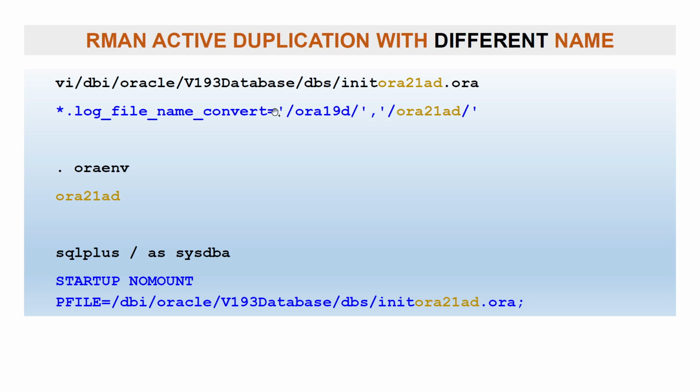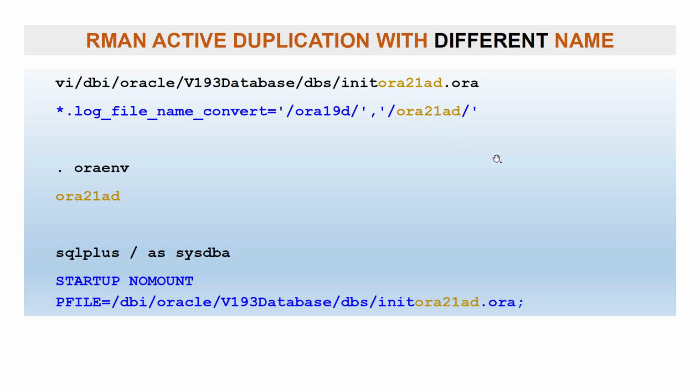Now, the active duplication with a different name. To perform this, the trick I'll be using is log file name convert. I'll copy the init parameter file from the source database, and then modify one single parameter in that file, log_file_name_convert, changing aura19d to aura21ad. What this parameter does is that wherever the logs are in this location, they will get redirected to the new location.